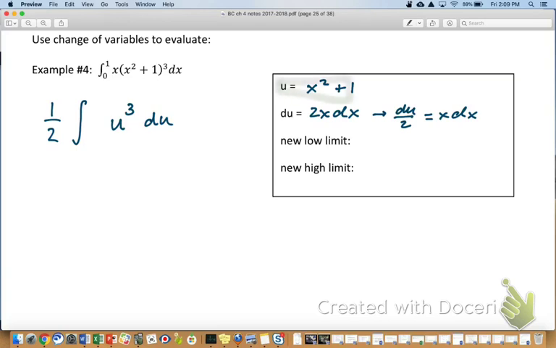So if x is 0, u is 1, since 0 squared plus 1 is 1. And if x is 1, u is 2. So those are now in terms of u, and now everything officially is converted over to u's. So we'd finish this off by saying 1/2 times 1/4 u to the 4th, evaluated from 1 to 2.